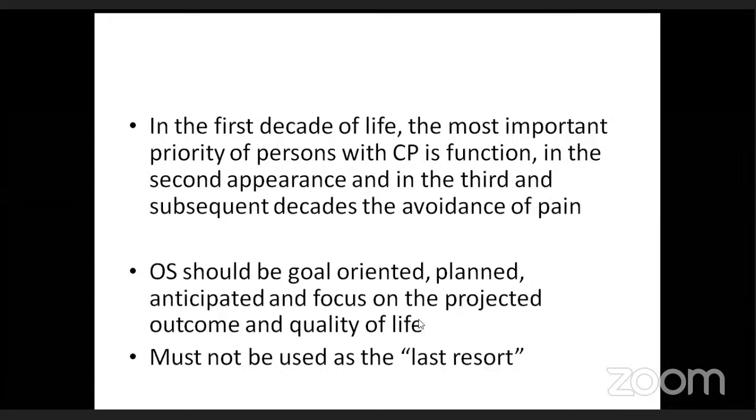Third, and the subsequent decades, you have to avoid pain as much as possible. So it should be goal oriented, planned, anticipated, and focus on the projected outcome and the quality of life. And it must not be used as a last resort. You have to intervene early, preferably by the age of 5 or 6 years.